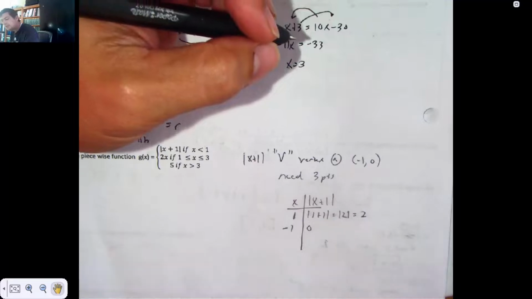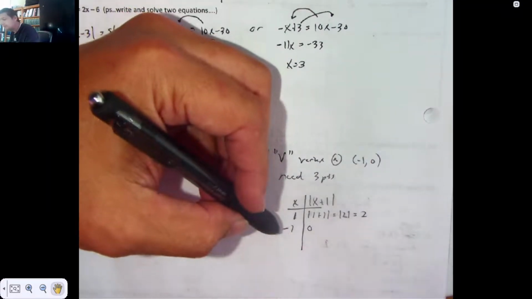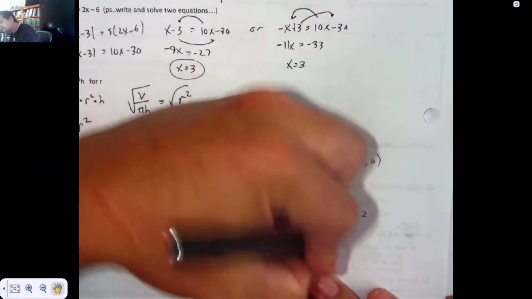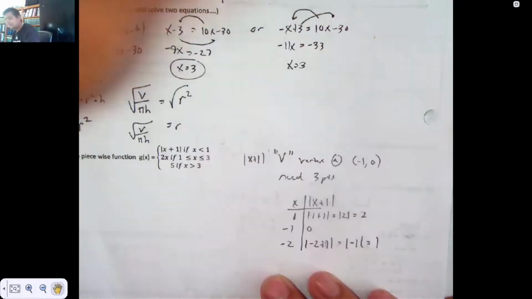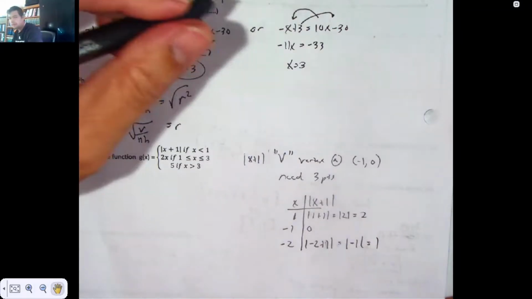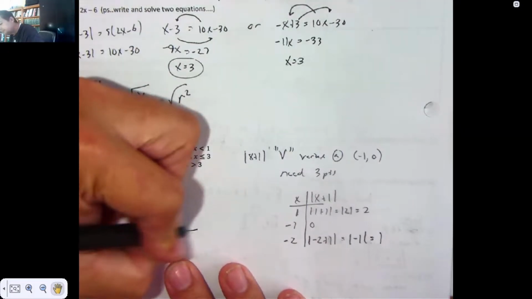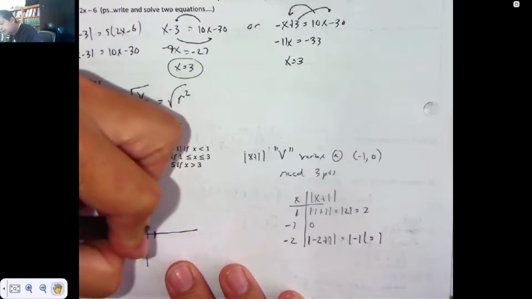I can be anything less than 1. I've already got something less than 1. I'm going to find the left wing of my V. I'm going to plug in a -2. So the absolute value of -2 plus 1 is the absolute value of -1, which is 1. There's my 3 points that I need for my absolute value piece. All right, so I plugged in a 1 and a 2 got returned.